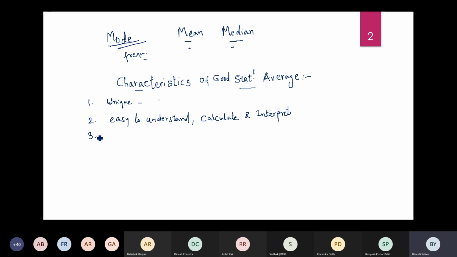Third characteristic: it should be based on all the observations of the data. If you are calculating the average marks of a particular class in a particular subject, or total percentage marks, and there are 70 students in the class, and you are only calculating for 25 students or 50 students, it will not give you the correct answer.